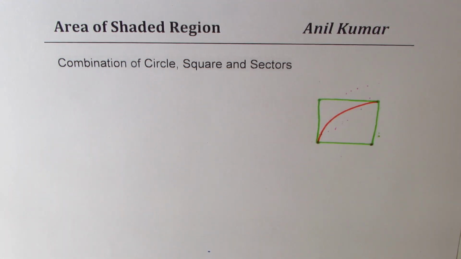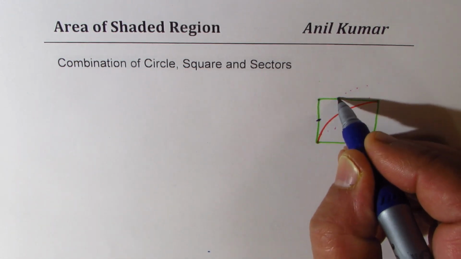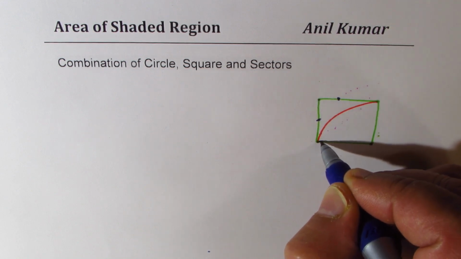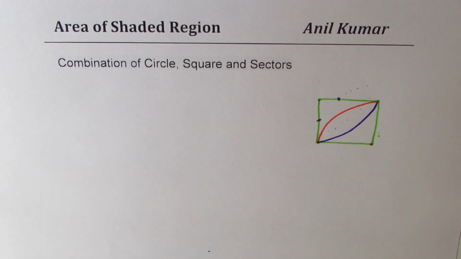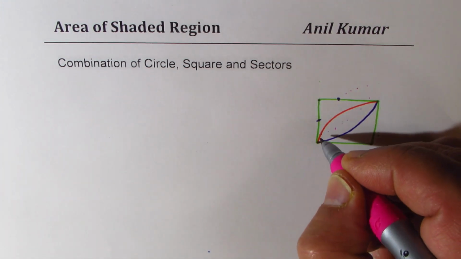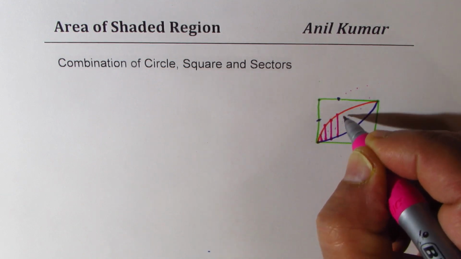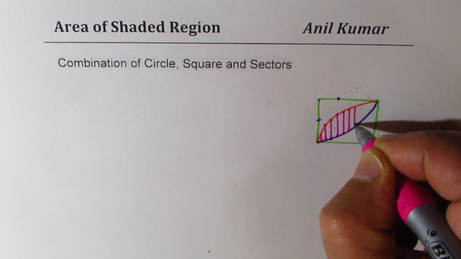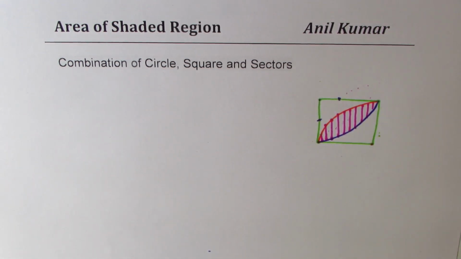Now from the other side we'll again make another arc from this vertex of the same length as the radius, so we get an arc like this. Now the idea is to find the area of the portion which is enclosed between these two arcs. That is the first part of the question.